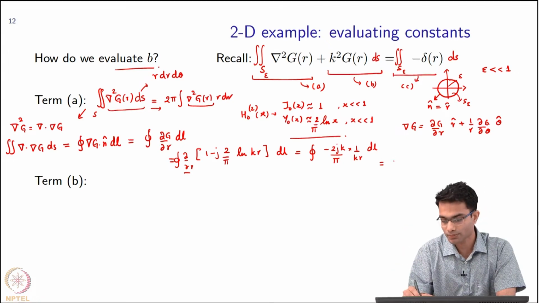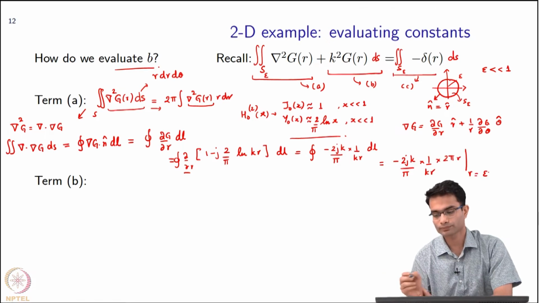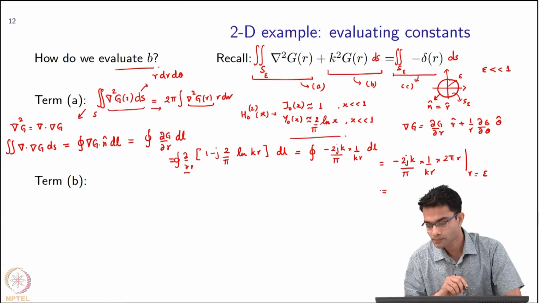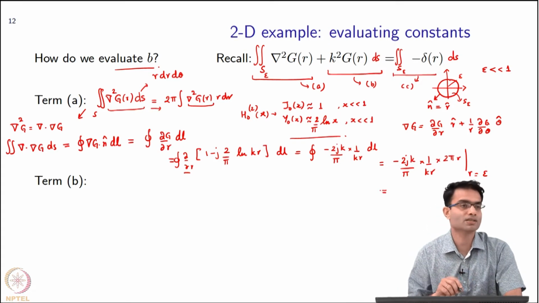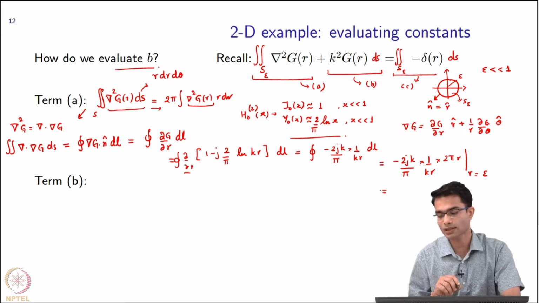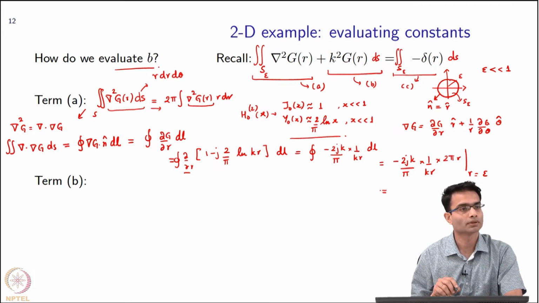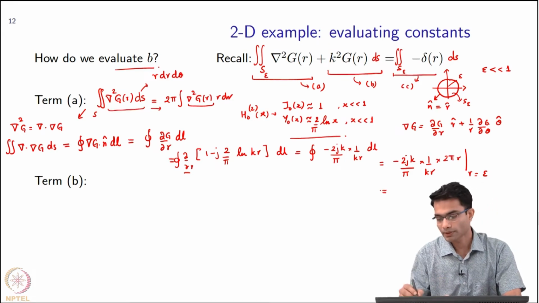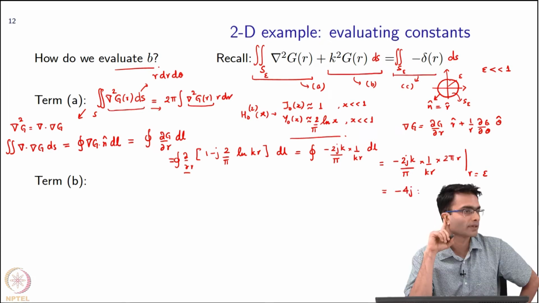So, we will just write this as minus 2 j k by pi into 1 by kr into 2 pi r evaluated at r is equal to epsilon. What am I left with? K goes away, pi goes away, r goes away. Okay, r is small but finite, so I can cancel r in the numerator and denominator, right. So, what am I left with? Minus 4j. Is that clear?